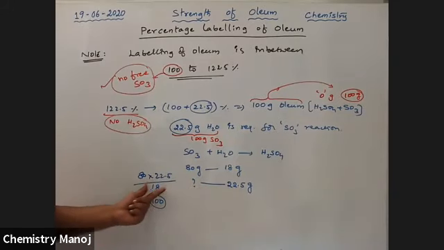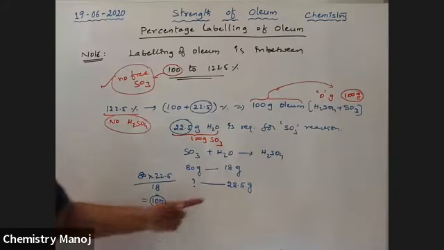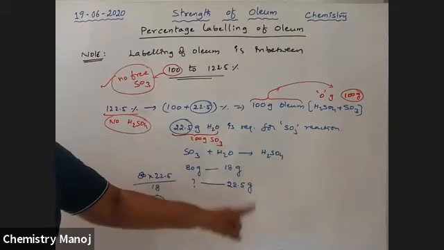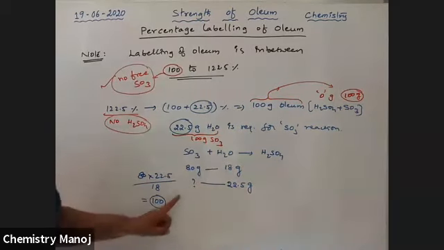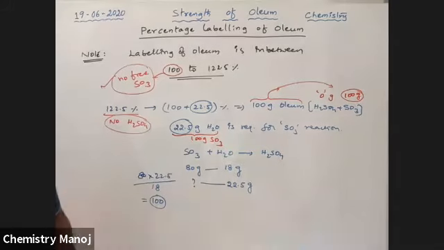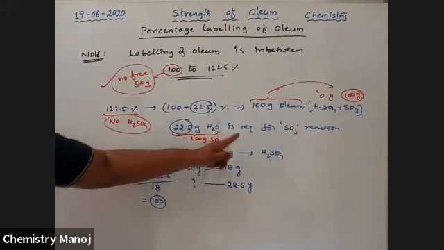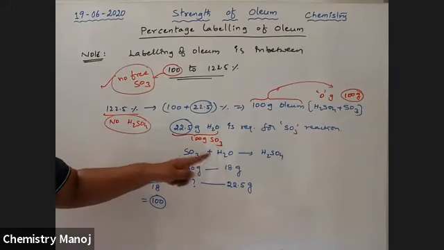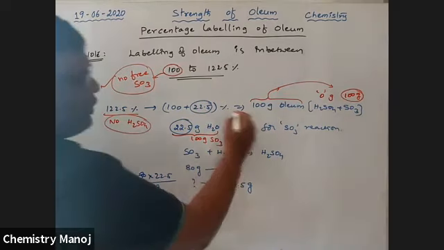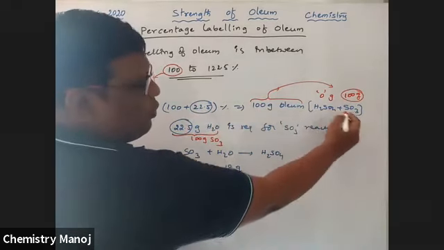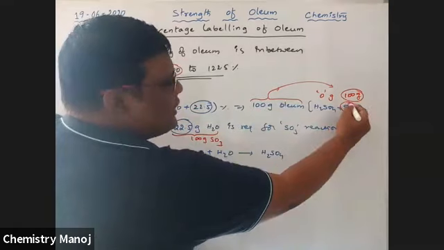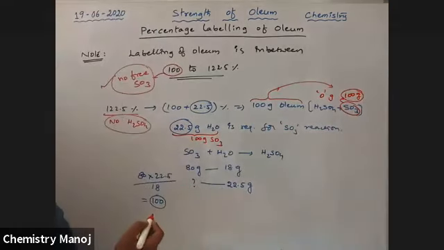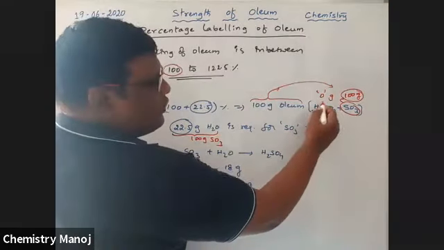That is calculated like this, that is 100 grams. So in 100 grams oleum, all 100 grams is SO3. That means H2SO4 is 0%.